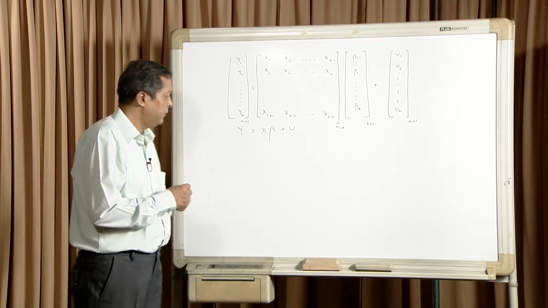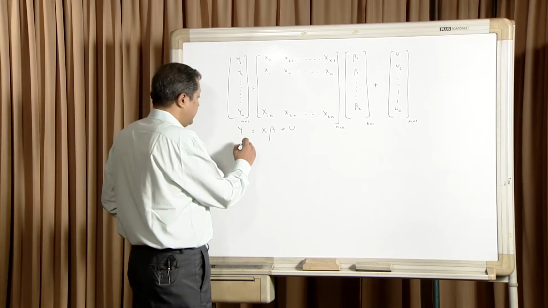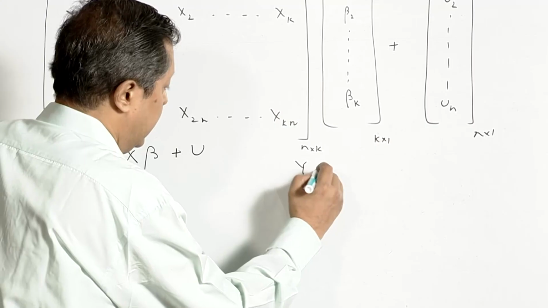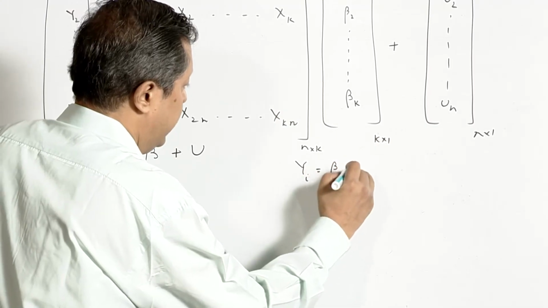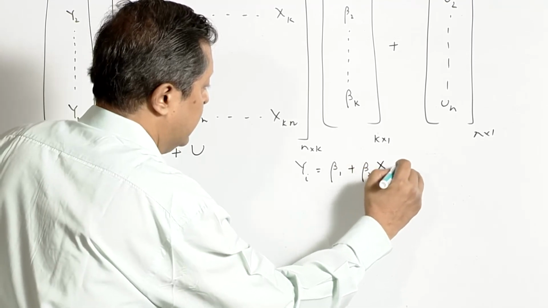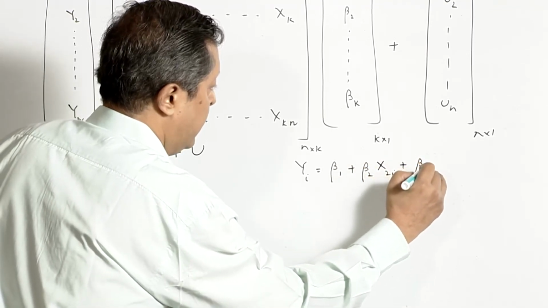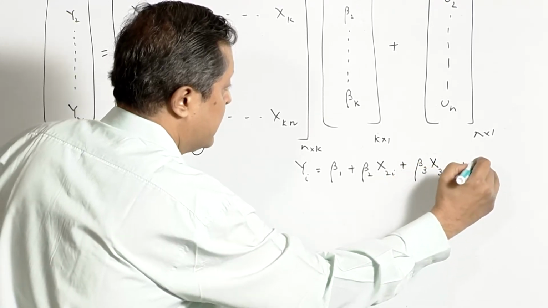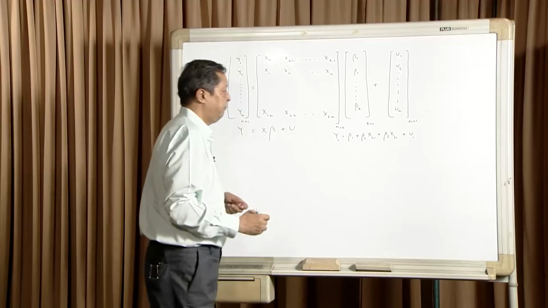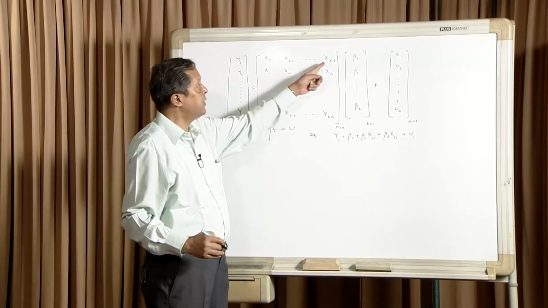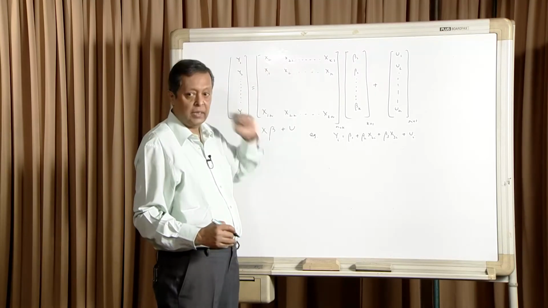To do that, first we write yi equal to beta 1 plus beta 2 x2i plus beta 3 x3i plus ui. This is an example. So, here k is 3: x1, x2, x3.